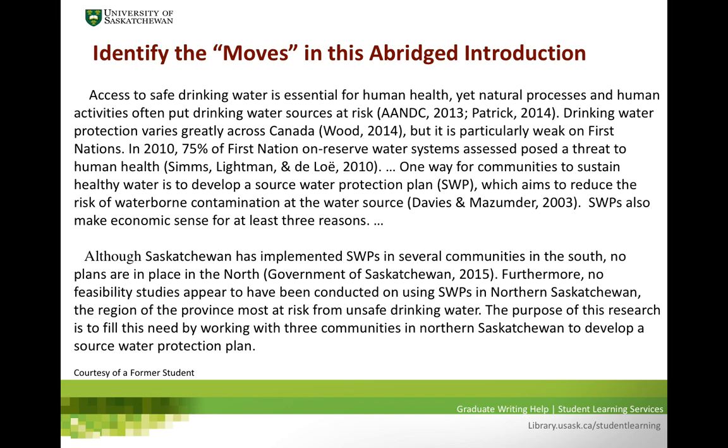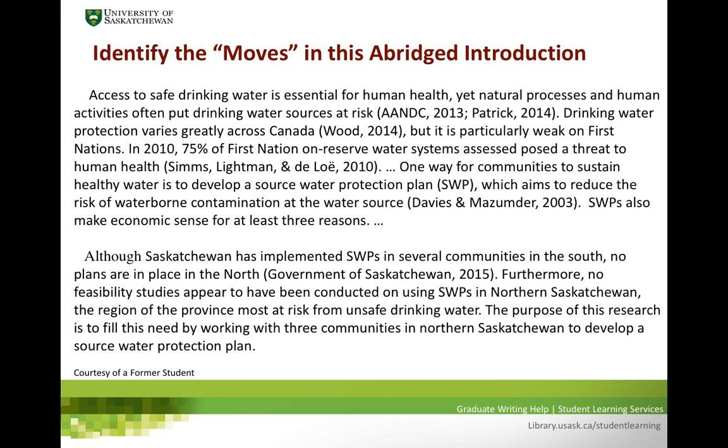In 2010, 75% of First Nation on-reserve water systems assessed posed a threat to human health. One way for communities to sustain healthy water is to develop a source water protection plan, which aims to reduce the risk of waterborne contamination at the water source. Source water protection plans also make economic sense for at least three reasons.